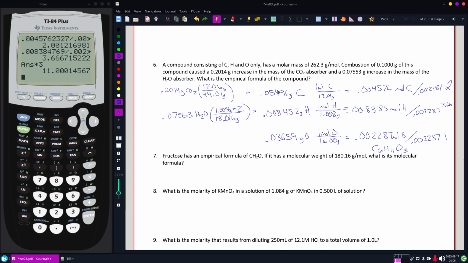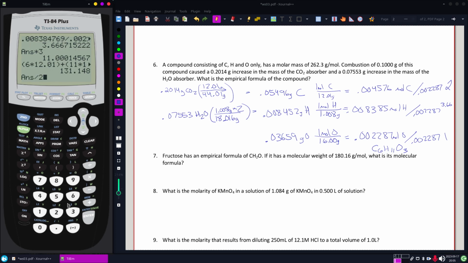To figure out if it's the actual molecular formula, we're going to figure out what that weighs. So if we had 6 carbons at 12.011 grams and 11 hydrogens and 3 oxygens, we get something like 131.